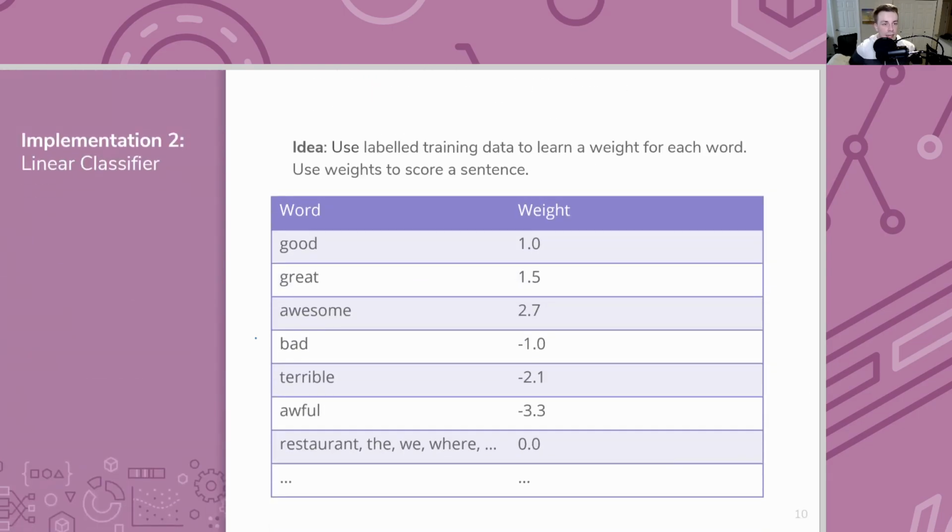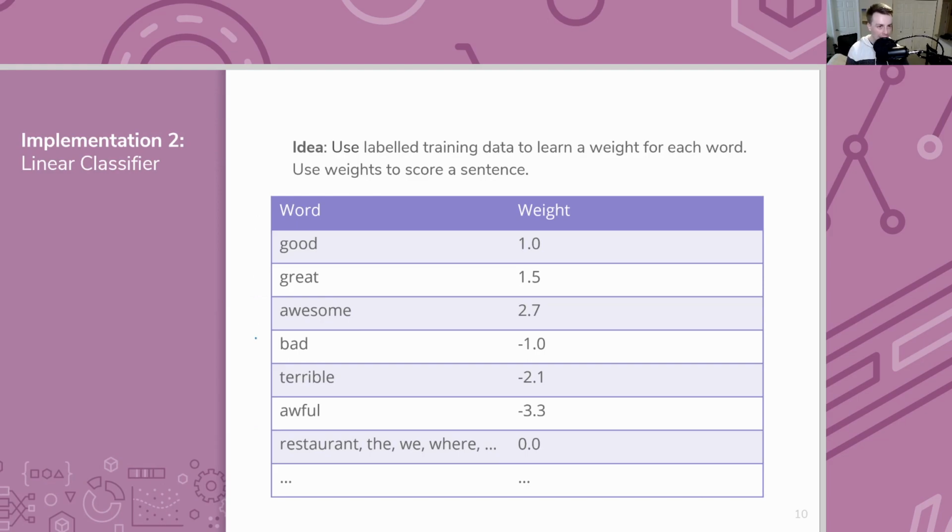Okay, so here's my idea for kind of a slightly better version of this classifier. My idea is use labeled training data to learn weights for each word, and then use weights to score a sentence. What I mean by that is let's gather a bunch of reviews that say the sushi was great, the food was awesome, the service was terrible, and we'll have, hopefully, someone go through and tell us, was that a positive or negative review?